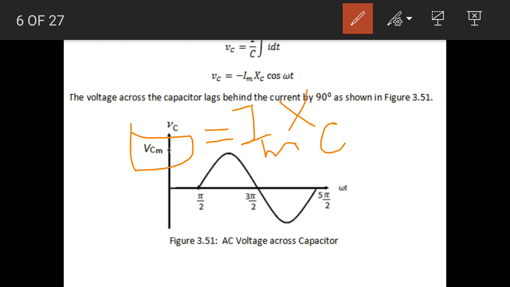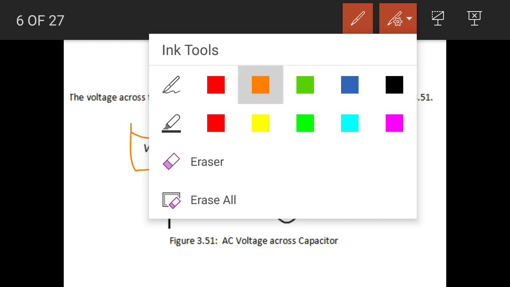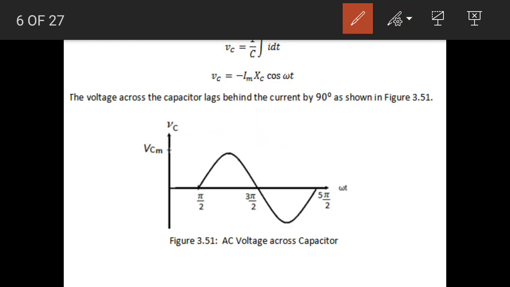So this is how we calculate the maximum value or the peak value of the AC voltage across the capacitor. If we divide this maximum value by under root 2, we get the RMS value of the AC voltage across the capacitor. Anyhow, we consider the waveform for the AC voltage across the capacitor.